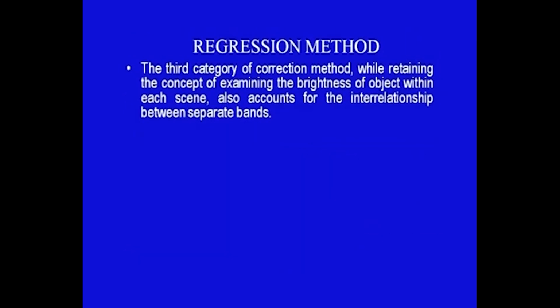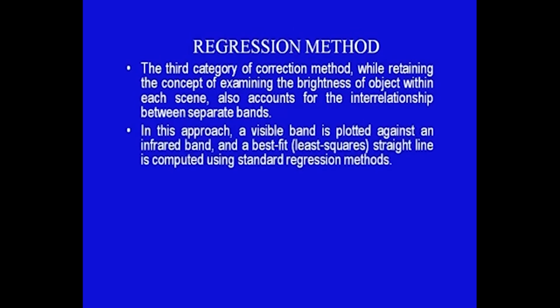The third method, which is regression method of correcting the atmospheric effects, tries to retain the concept of examining the brightness of each object within each scene and also accounts for the interrelationship between the bands. In this approach, a visible band is plotted against an infrared band and a best fit, that is least square straight line, is computed using standard regression methods.